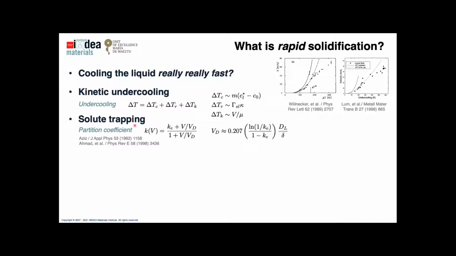And this is modeled classically with this model. There are others out there, but that's by far the most used, by Mike Aziz, where you see that as a function of the velocity, and more precisely as a function of a ratio between the velocity of the interface and the diffusion velocity of the solute through the interface.